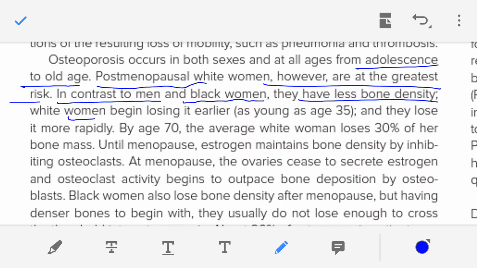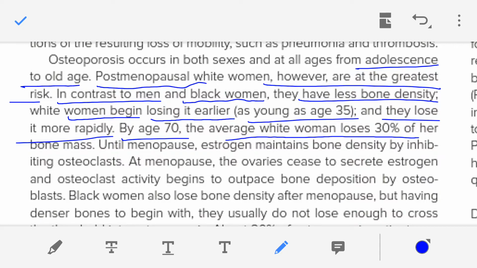A white woman begins losing bone density earlier, as young as 35 years of age. So at the age of 35, osteoporosis begins in some white women, and it spreads very rapidly in her skeletal system. By the age of 70, the average white woman loses 30% of her bone mass.